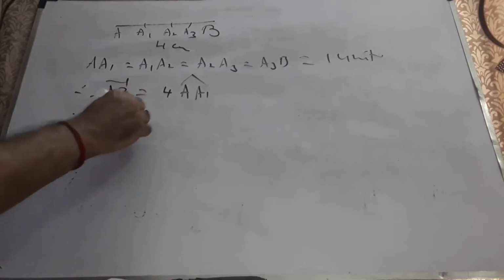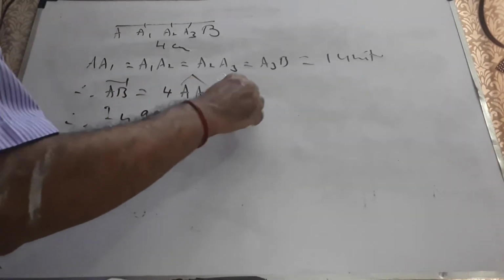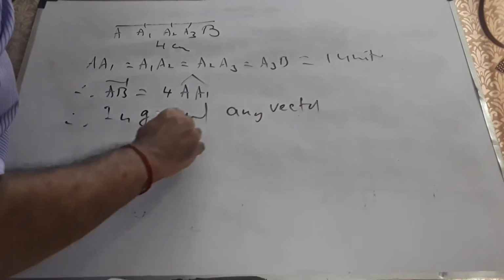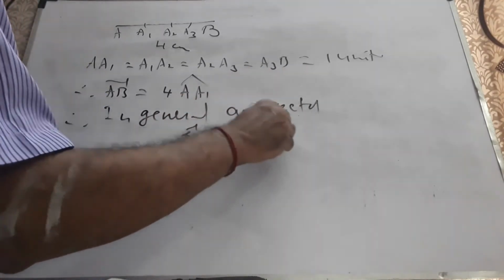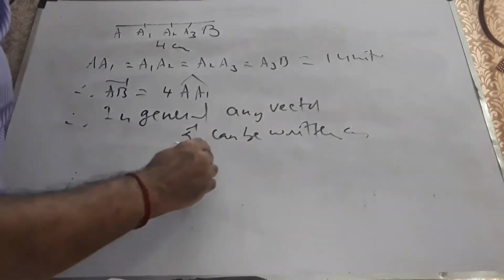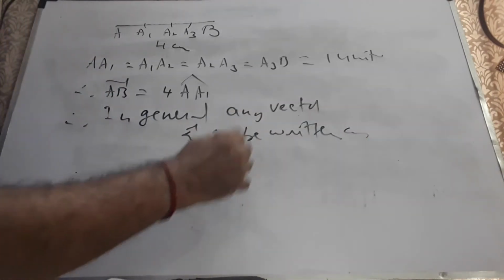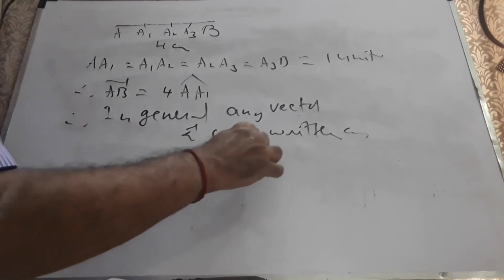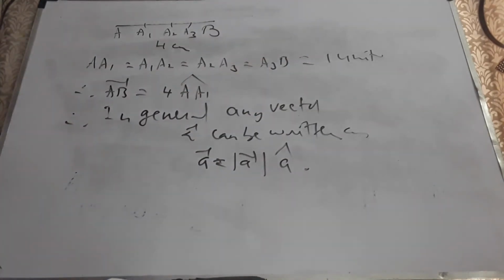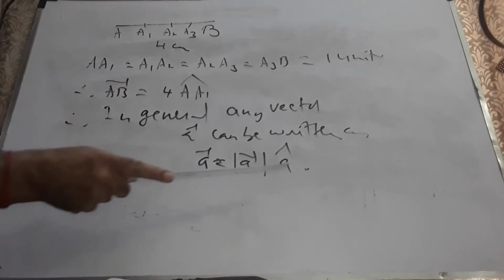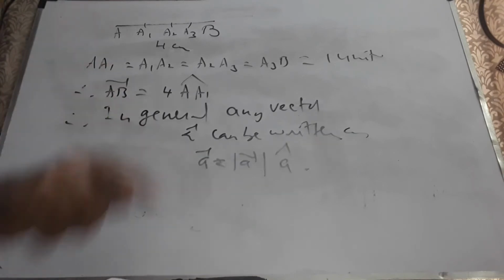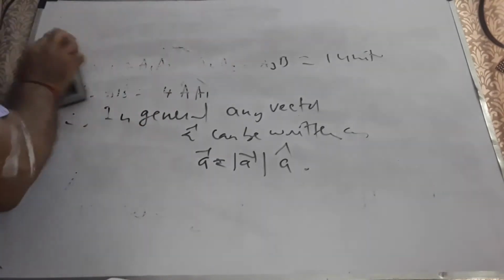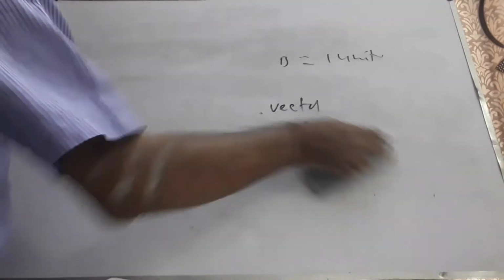Therefore, in general, any vector a can be written as a vector is equal to mod a vector into the unit vector along the same direction. Any vector can be written as the modulus of the vector into the unit vector along the same direction. These are the things you are supposed to remember anyway before proceeding with your concepts related to 3D.